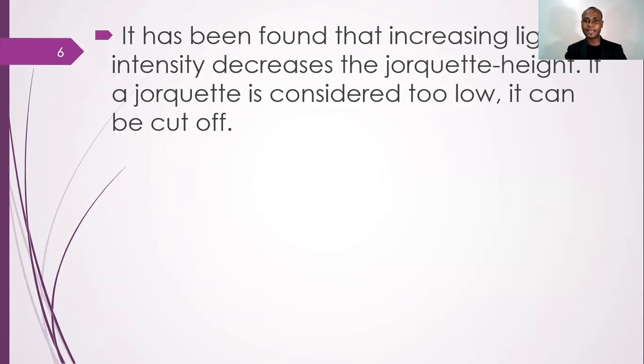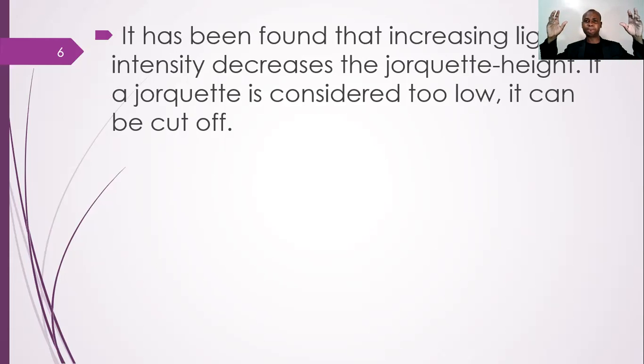All right, let's continue. It has been found that increasing light intensity decreases the jockey height. So if a jockey is considered low, it can be cut off. The point here is that if light intensity is high, it can decrease the height of the jockey.